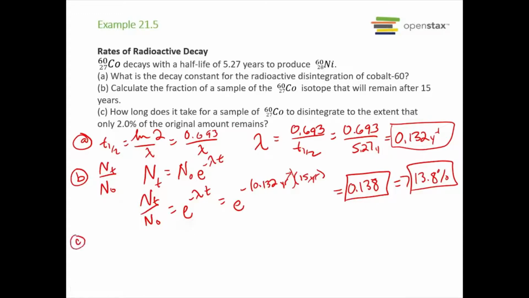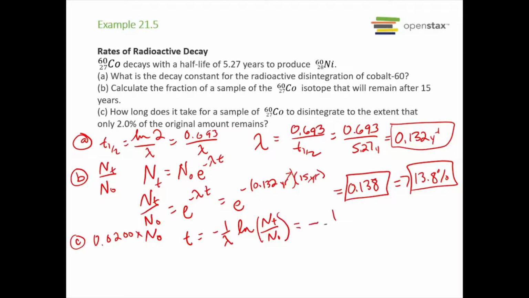And then for C, 2% of the original amount. So 2% of what we started with, we could say is the same as 0.0200 times n0. So we just change it to a decimal. And we also know that our time is equal to negative 1 over lambda times the natural log of nt over n0.